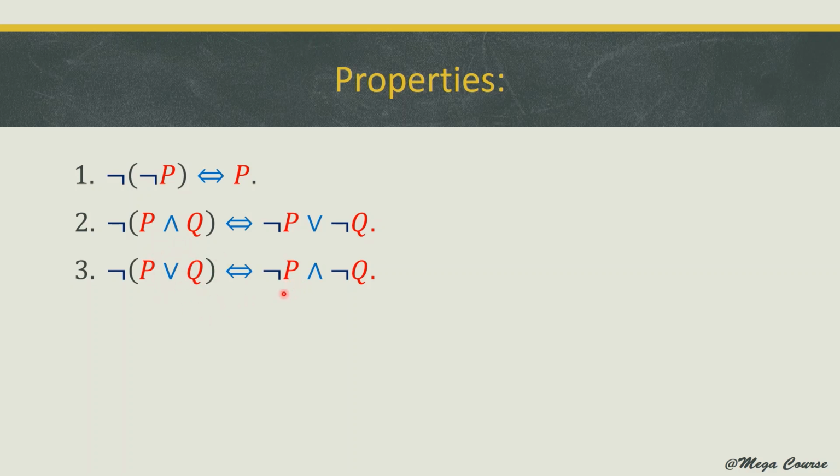So not P and not Q. P and P is equivalent to P. You should study this. P or P is equivalent to P. You should remember both of these.